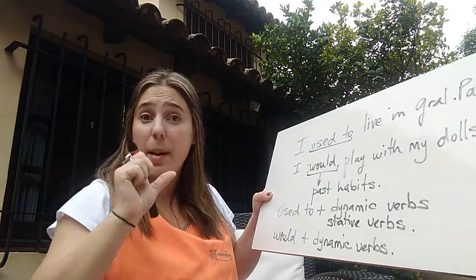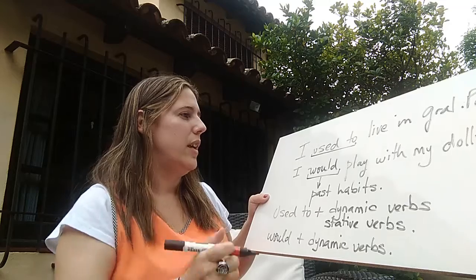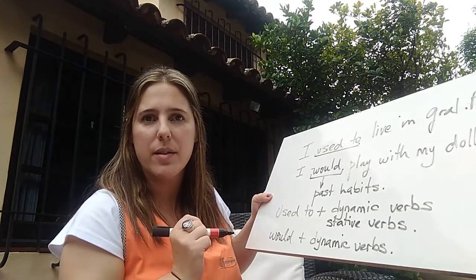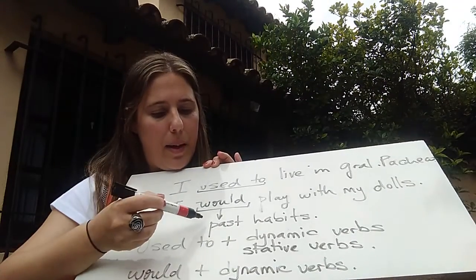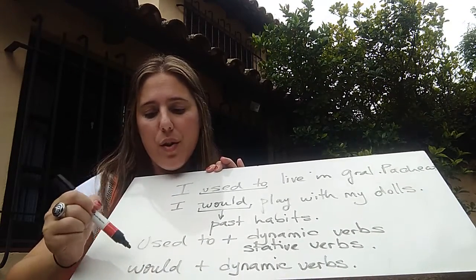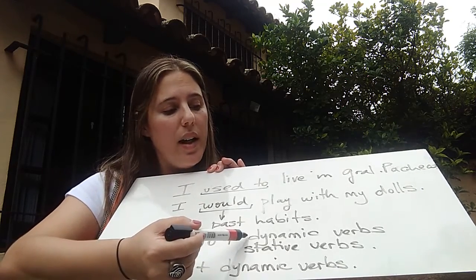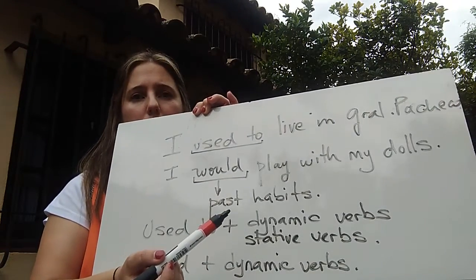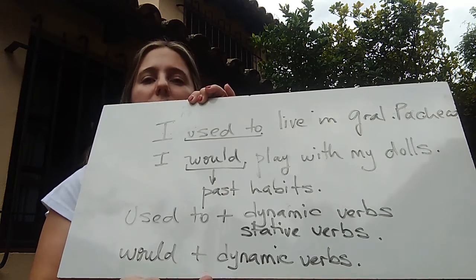So, to sum up, what you need to remember is that used to and would are used to express past habits, okay? But the difference between these two structures is that used to is followed by dynamic and stative verbs, that is to say, all kinds of verbs, whereas would is only used with dynamic verbs.